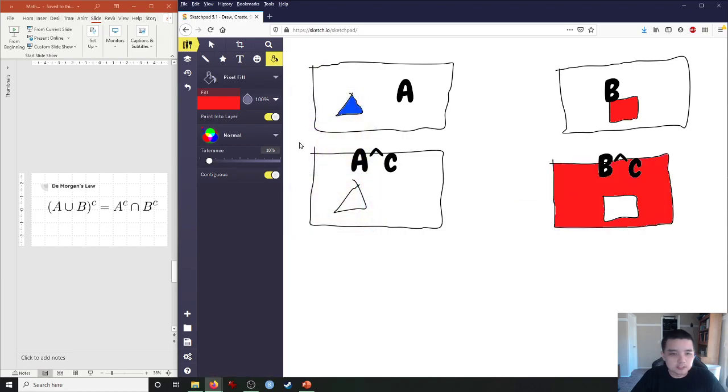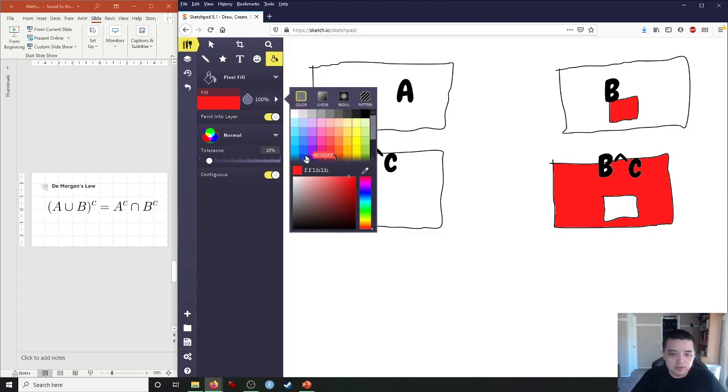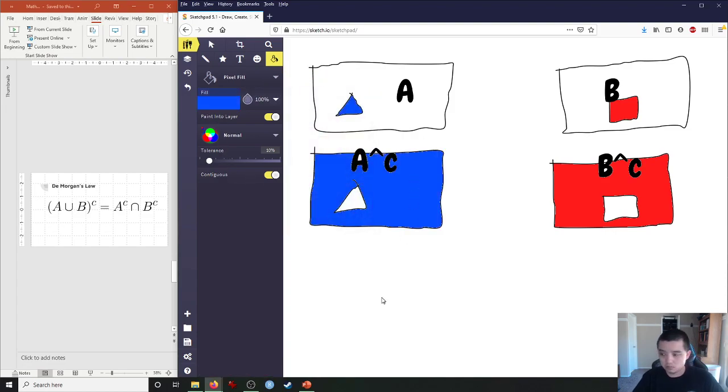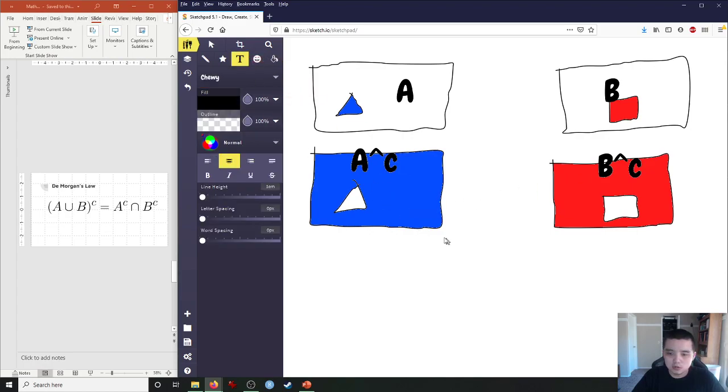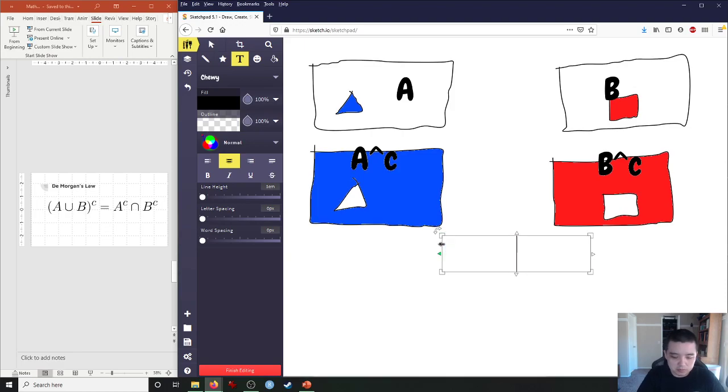What would be the opposite of B, and what would be the opposite of A? So now, what we're going to do is, with these last two pictures that I have on the bottom here, we're going to intersect them.